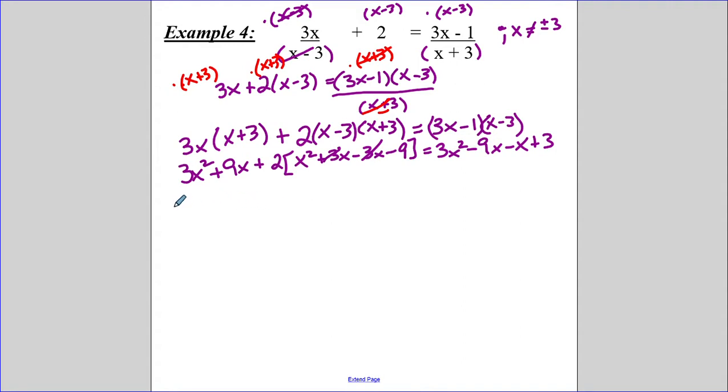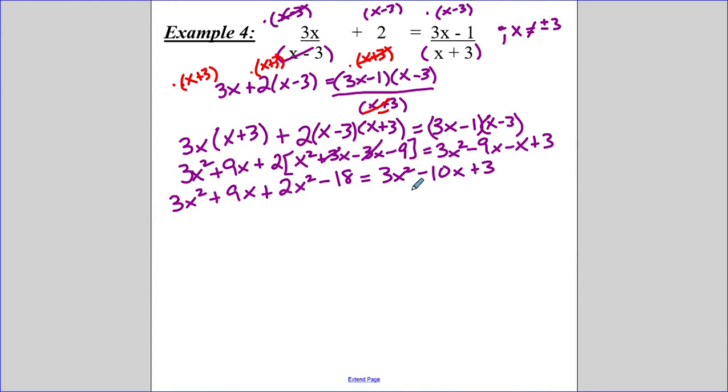So simplifying this out now, 3x squared plus 9x. This is only going to be x squared minus 9, so I have plus 2x squared. 2 times negative 9 is negative 18, equals 3x squared, then minus 9x minus another one is minus 10x, plus 3.